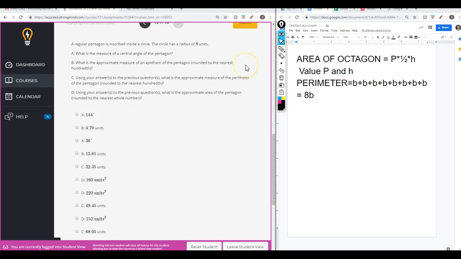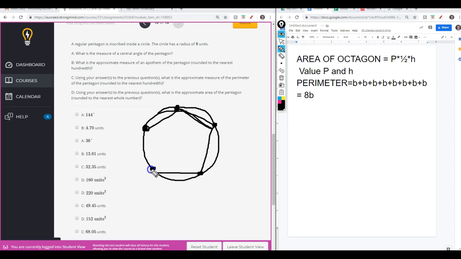So we have this circle, and a pentagon has 5 sides. So 1, 2, 3, 4, and 5. So it will have 5 vertexes, and just putting them on the circle helps me draw it a little bit better. So we have this pentagon.